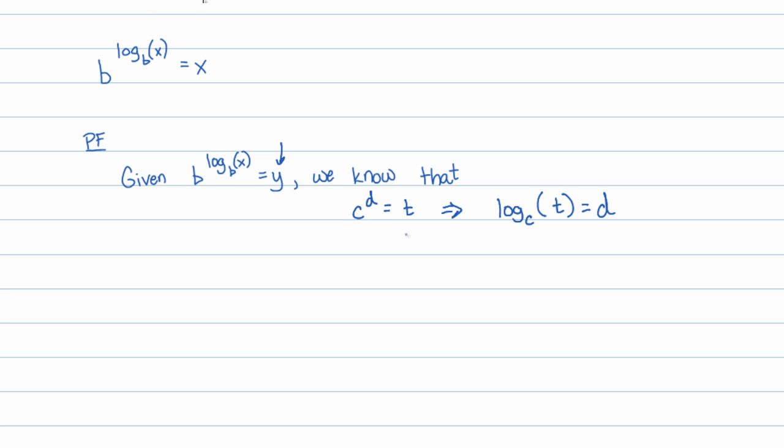Okay, this is just converting between exponential form and logarithmic form. Use a circular argument and you'll have to agree. C raised to the d power is equal to t, and that's exactly what we have here. So we know that this statement is true from the definition of a logarithm. That's what logarithms say is true. So let's go ahead and use that here.